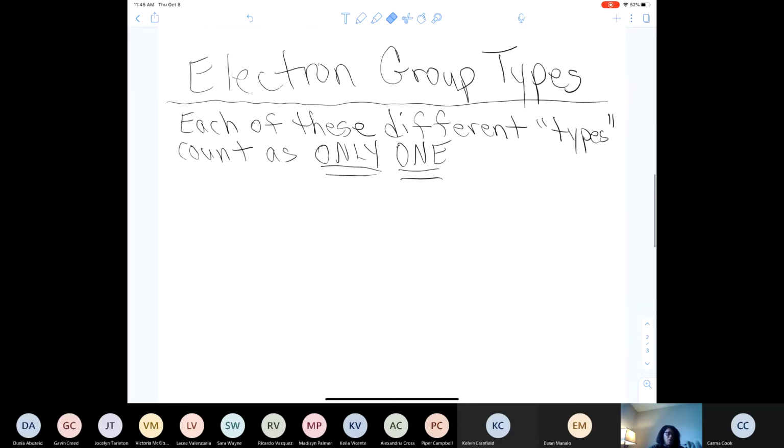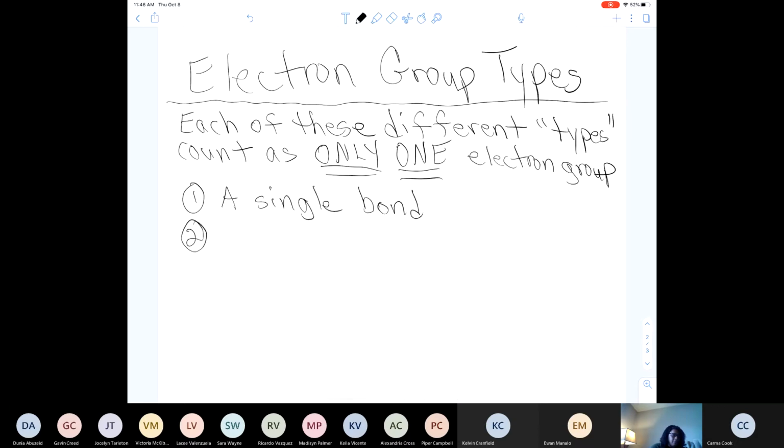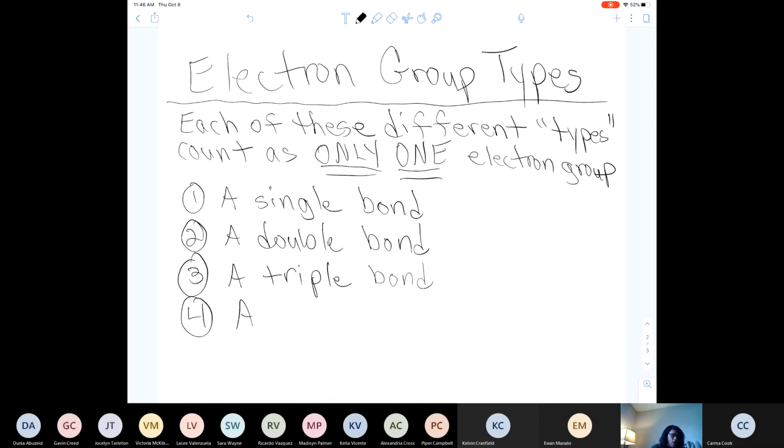Okay, so I want you to really understand that each of these electron group types counts as only one electron group. So these are our different electron group types: a single bond, a double bond, a triple bond, and then finally, a lone pair.